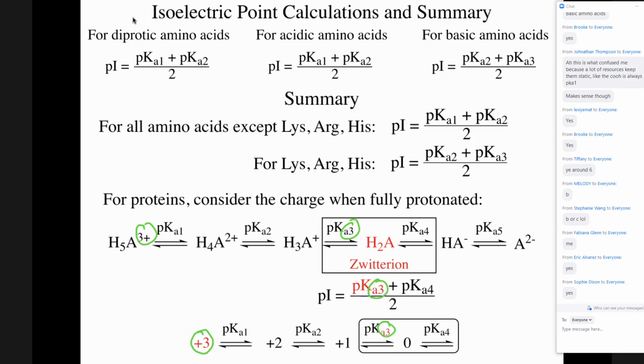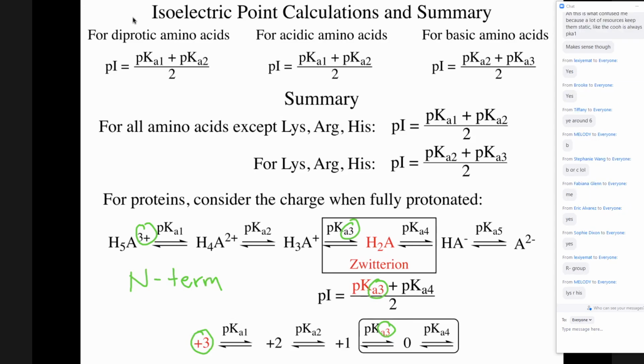It's all going to match. So whether I do it this way or this way, as long as I know this charge, I know that. What are the things that are going to make a plus charge? We already know the N terminal carries a positive. What else can carry a positive? R groups of Lys, Arg, and His.